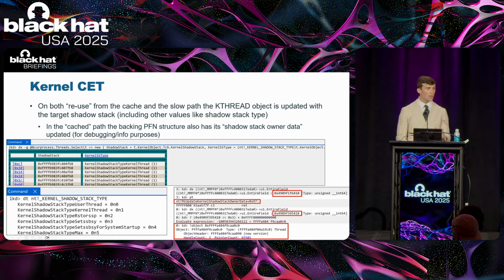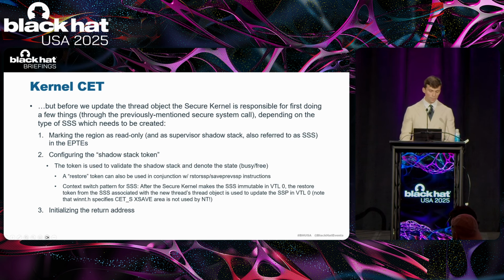Well, if you have a kernel stack, you now have a kernel shadow stack. And additionally, just for completeness' sake, there's something called shadow stack owner data. It's really used for debugging purposes. And the MMPFN, the PFN structure associated with the region of memory of the shadow stack, contains effectively a masked off address of the kthread object which owns the shadow stack.